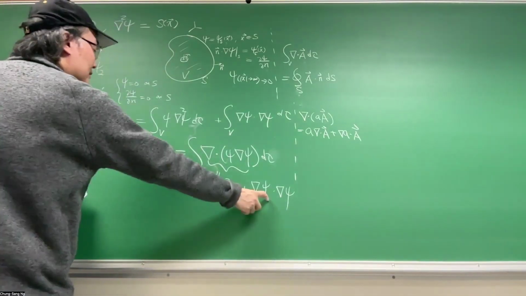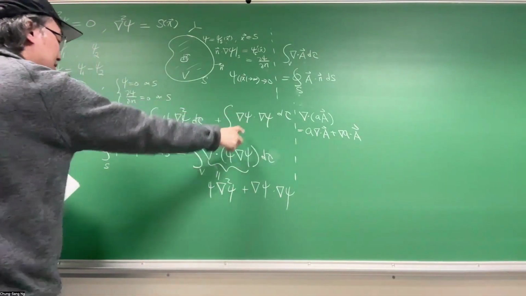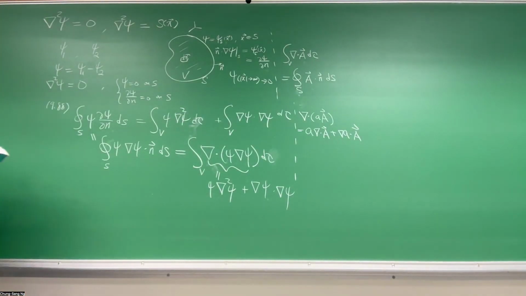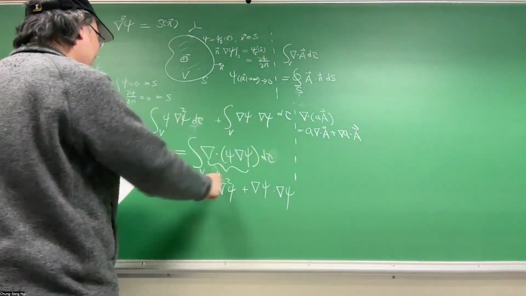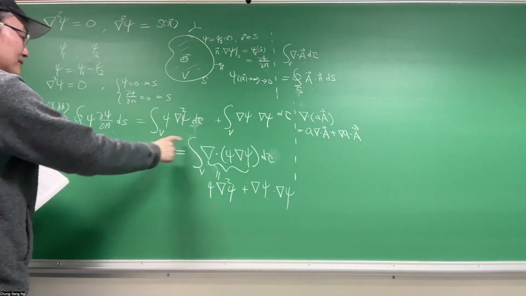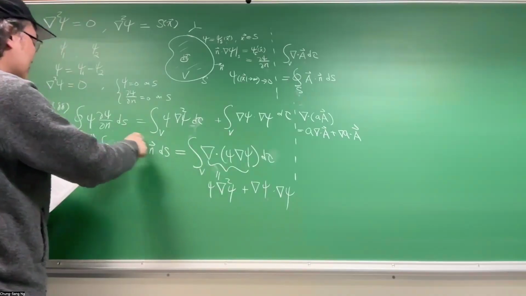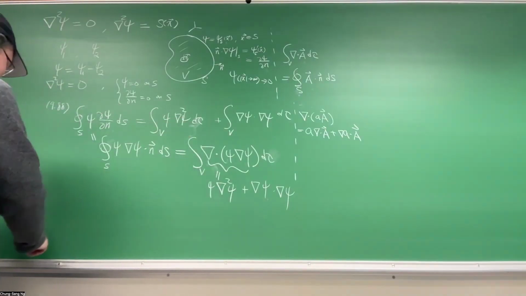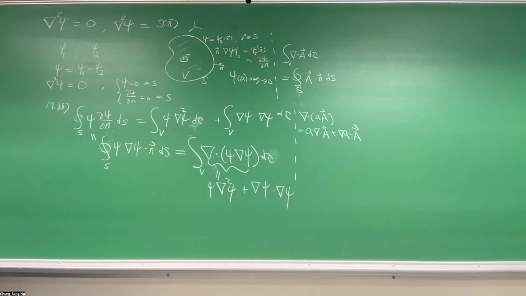So this equals this plus that, which is exactly this plus that. So you show that by going back to the divergence theorem and then the vector identity, and you convince yourself this Green's theorem or Green's identity is correct.